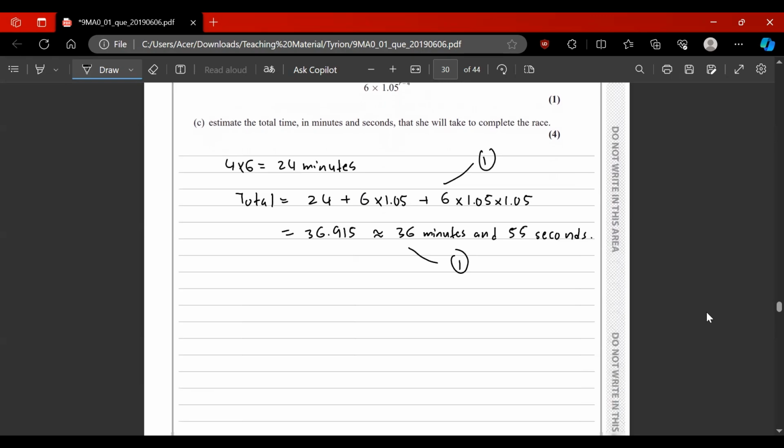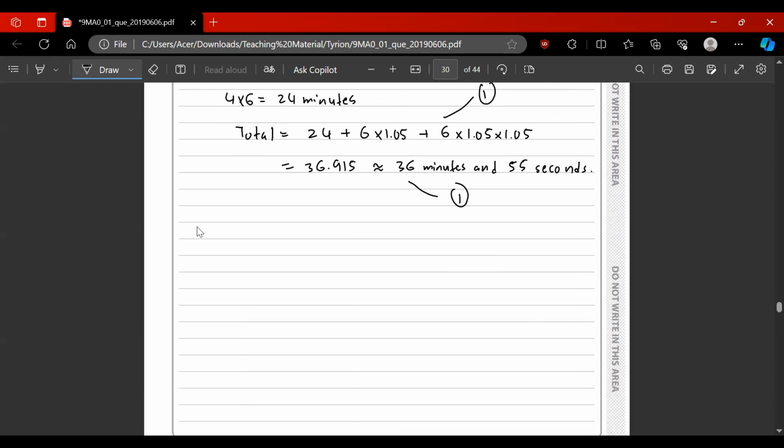Therefore, if we do this correctly, the fifth kilometer would be equal to 6 times 1.05 to the power 1. And then the 6th kilometer would be 6 times 1.05 to the power 2. The 7th one would be 6 times 1.05 to the power 3.